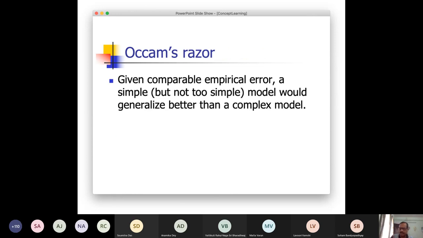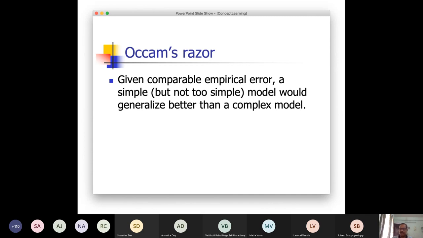There is another issue. Suppose you have two models and you find they give comparable results, both training and test. Which one should you choose? That is one principle of scientific investigation: we go for the simpler model, and that's Occam's razor principle.